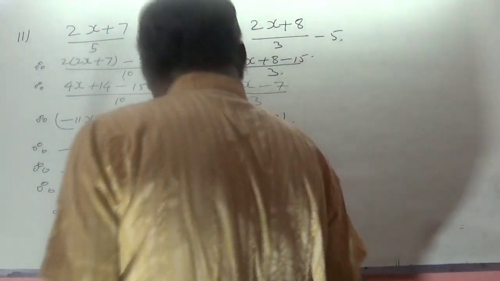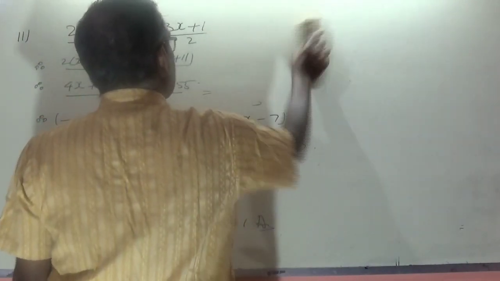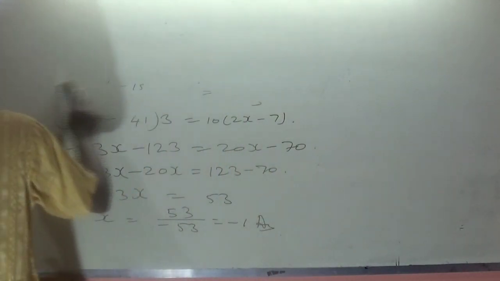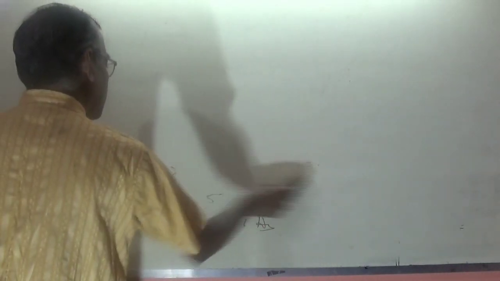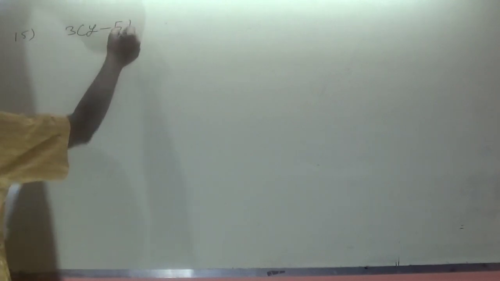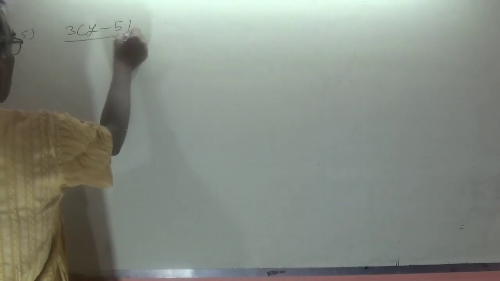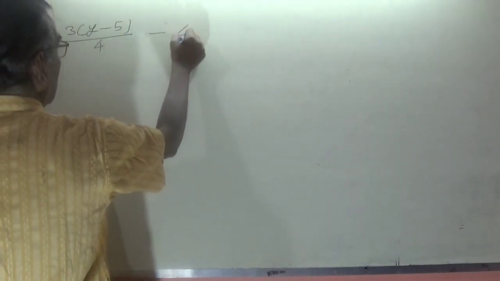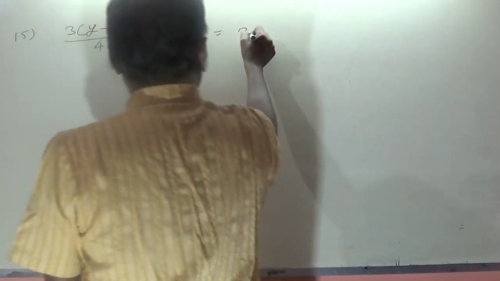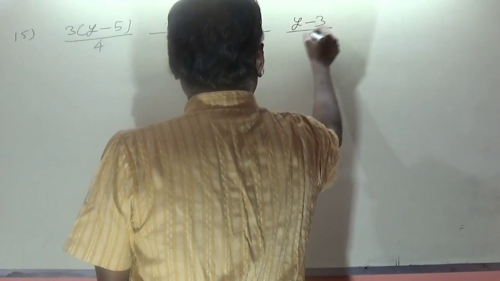Now the next question is question number 15. 3 into y minus 5 divided by 4 minus 4y is equal to 3 minus y minus 3 divided by 2.